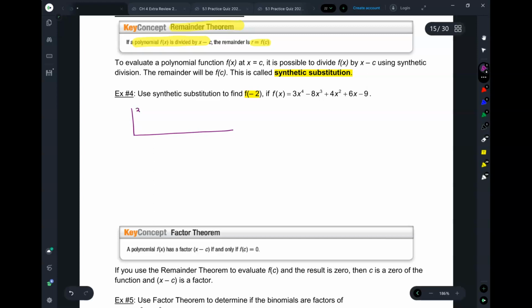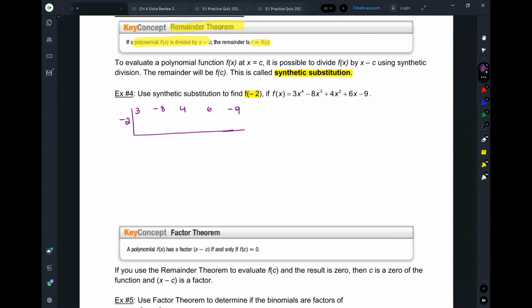So here we're going to put the coefficients of the polynomial, and then negative 2 as is goes over there. All right?